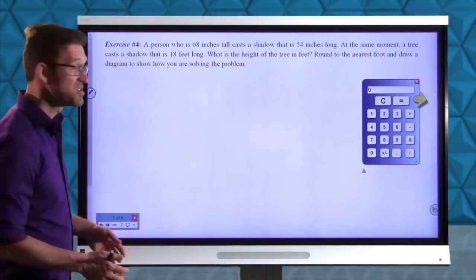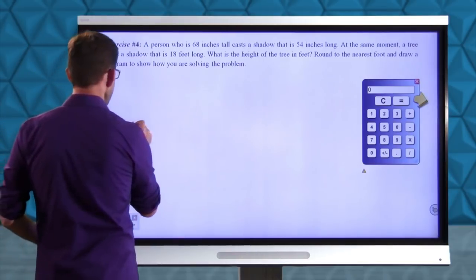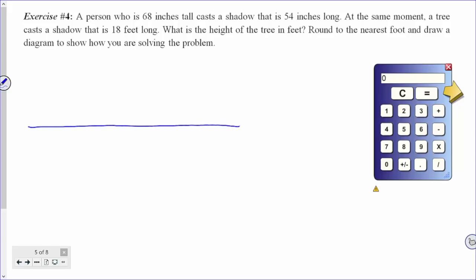All right, let's do it. So you're going to get to see an illustration of my awesome drawing skills here. All right, so we have this person who has some issues, and we've got the sun. All right, and we know that the person is 68 inches tall, and they cast a shadow that is 54 inches long.